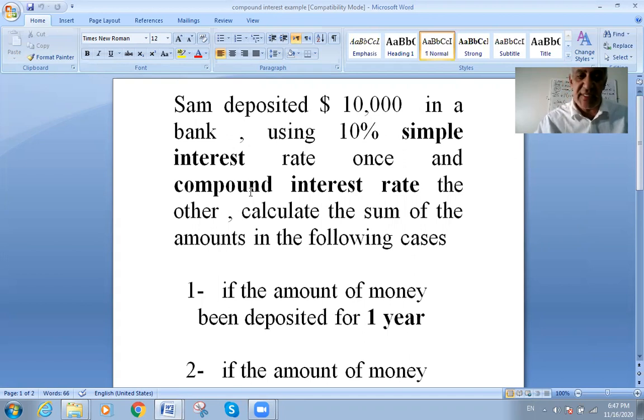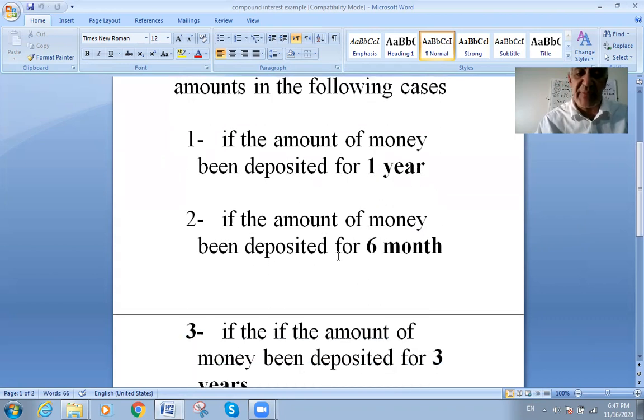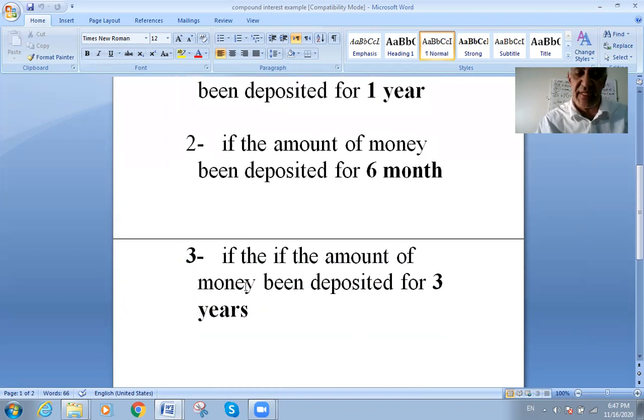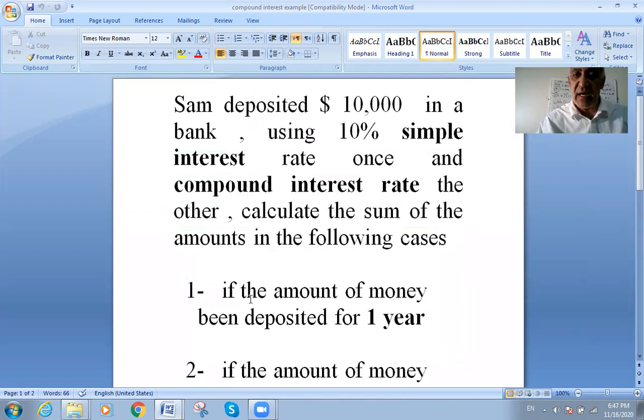The first case, if the amount of money is deposited for 1 year. The second case, if it is deposited for 6 months. Third, if it is deposited for 3 years. I will extract the main info on the board, and after that we will go for the solution of it.